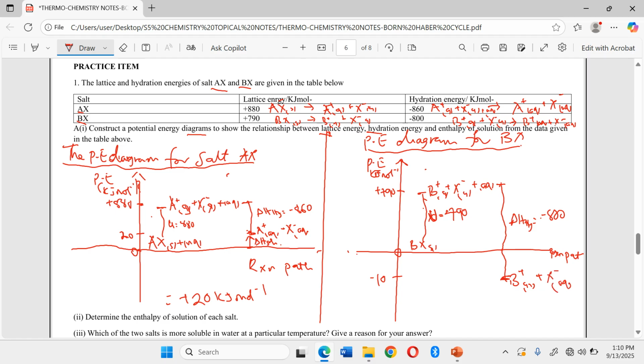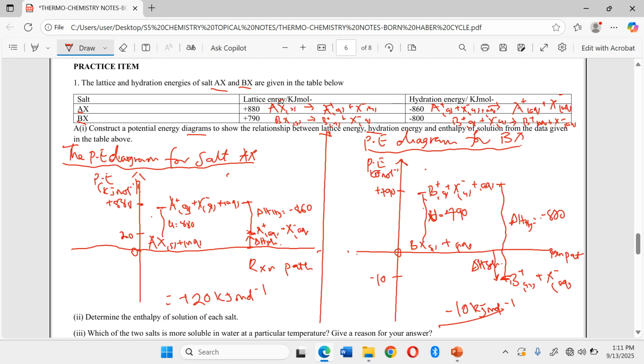For the solution, it is this solid plus water, and this gives us the enthalpy of solution. You can see the enthalpy of solution here is negative 10 kilojoule per mole.